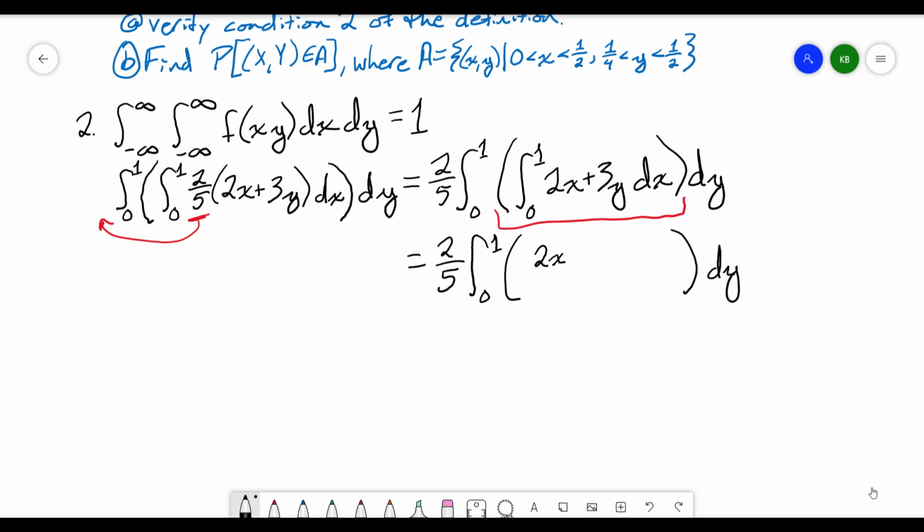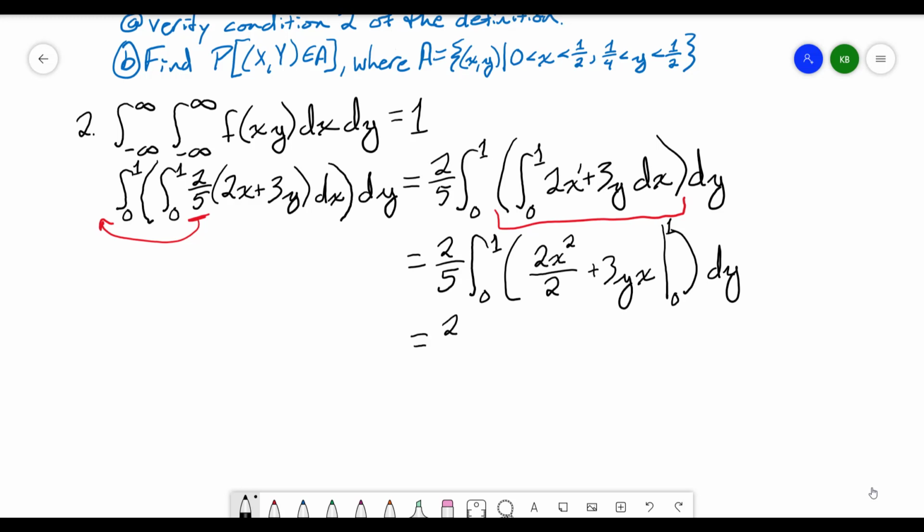The exponent was an invisible 1, so now it's going to be a 2. And then I divide by that new exponent. And then the 3y, now remember, y is not a variable in this case. So 3y is like a constant. And when we integrate a constant, we leave it the same and put a variable with it. So I'm actually going to now evaluate this from my x values 0 to 1.